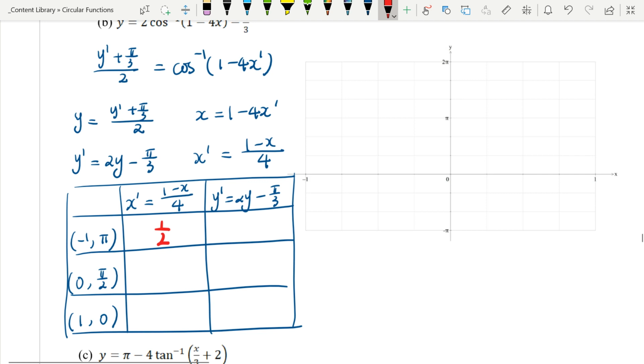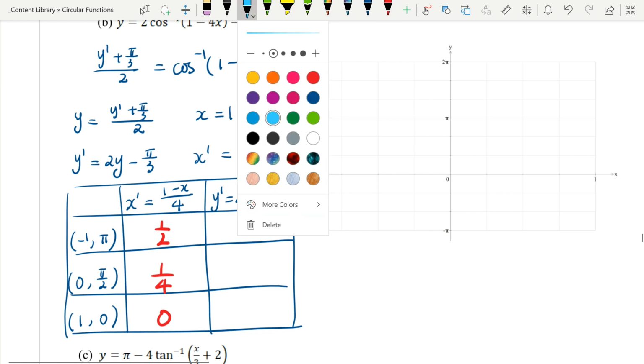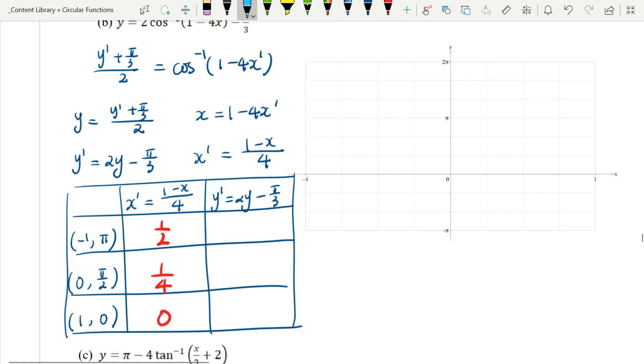Half. Sub 0, quarter, and sub 1, 0. How about y? 5 pi over 3. Next one, 2 pi over 3. And the last one is negative pi over 3.